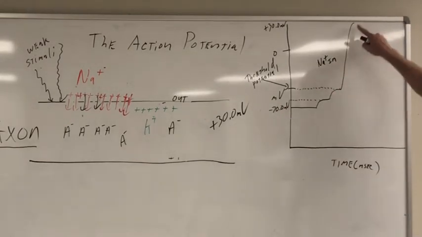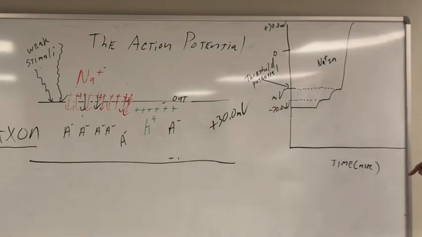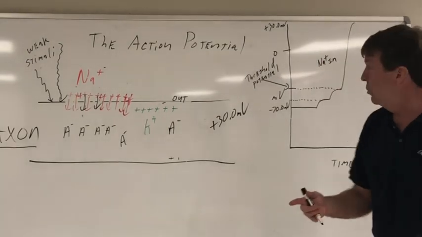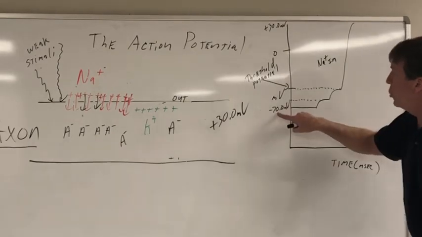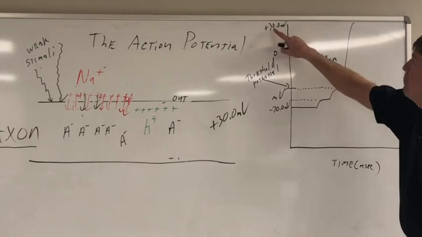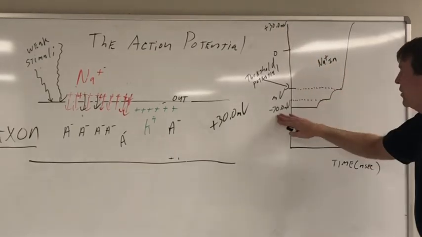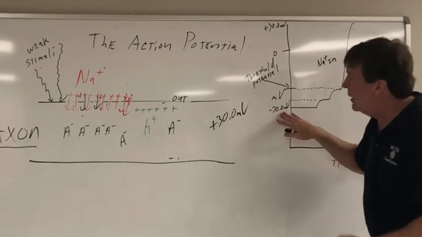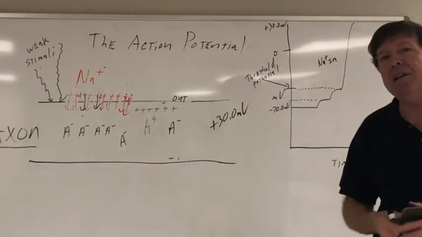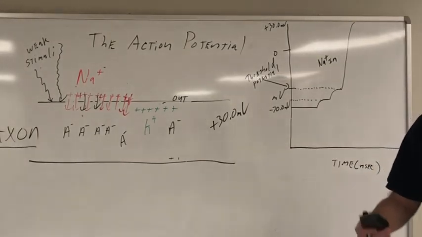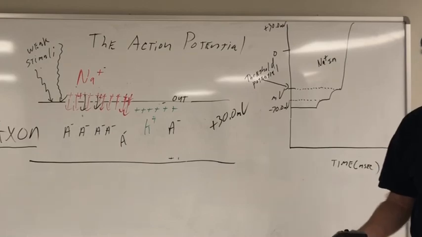So here we are, we're at positive 30. Right now, we have a situation where the original resting potential has been reversed. At this point, when you're at negative 70, we say that the nerve cell is polarized, and negative 70 is normal resting, so it's a polarized nerve cell.